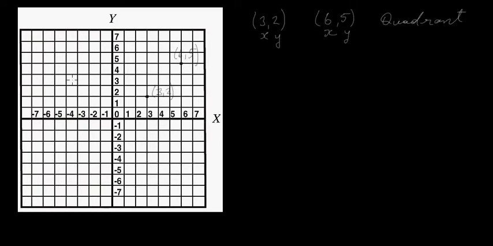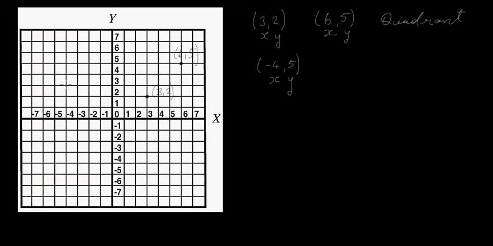Now if we want to plot a point here, what we end up doing is we'll take, say, -4, 5. So this is our x value, this is our y value. So we're going to go out along the x-axis minus 4 this time. So we're going to go minus 1, minus 2, minus 3, minus 4. And then we're going to go up along the y-axis positive 5.